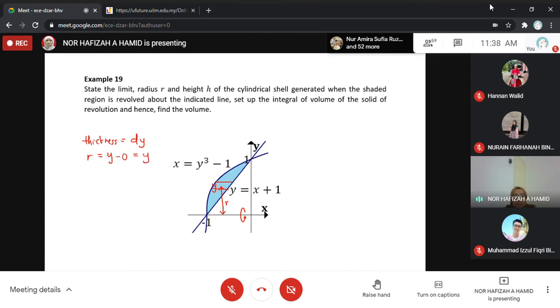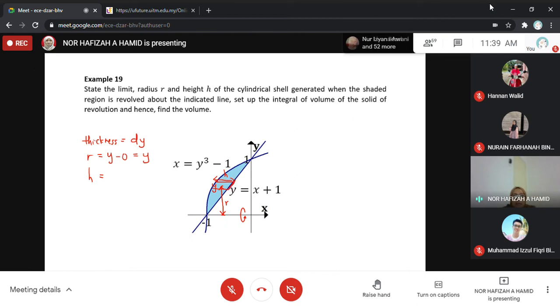Nak calculate you punya jarak, maknanya upper minus lower. Upper dia y, minus lower dia 0 sebab pada x axis, so dapat y. And h is equal to length of the strip. So ni you punya h. Length of the strip sebab dia horizontal, so you kena write right minus left.